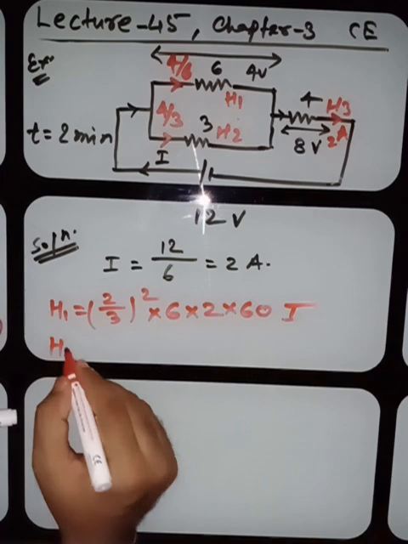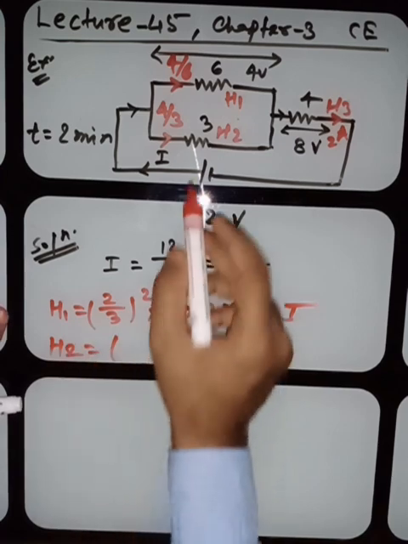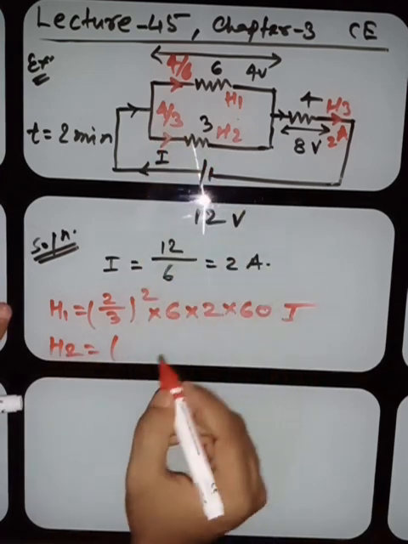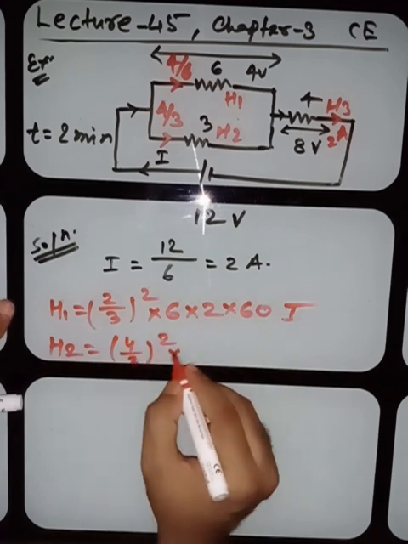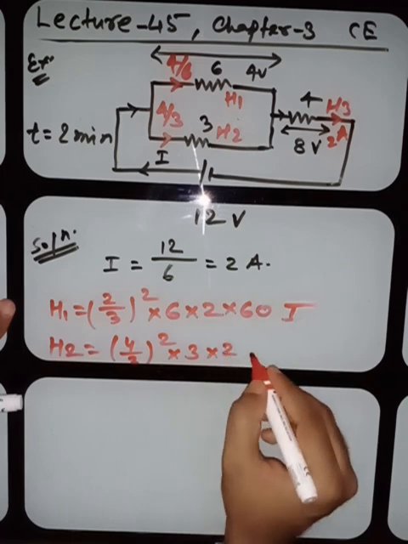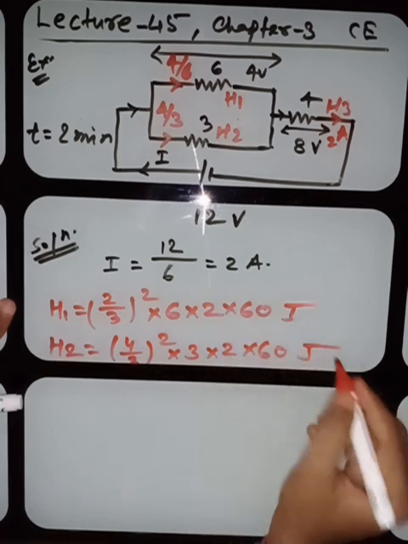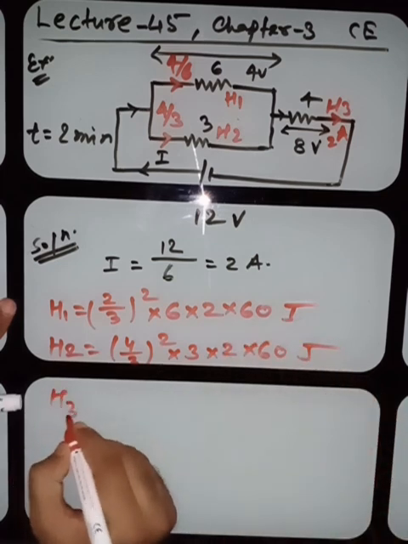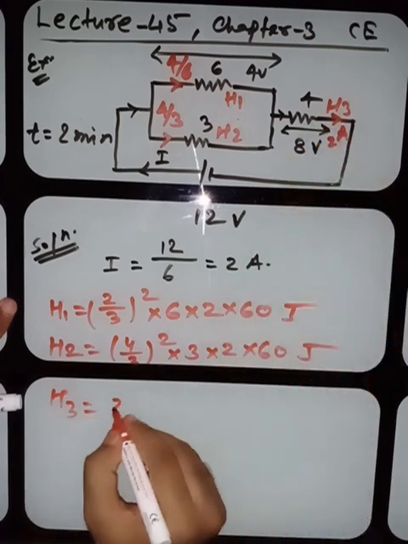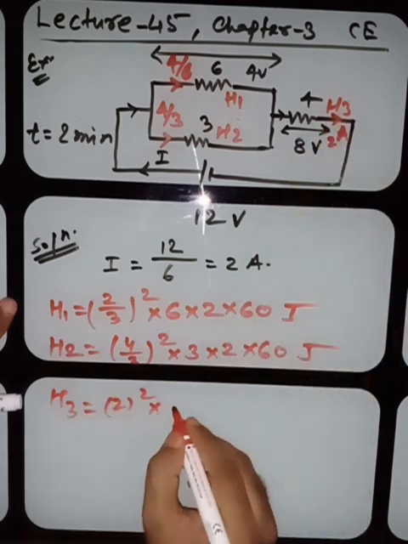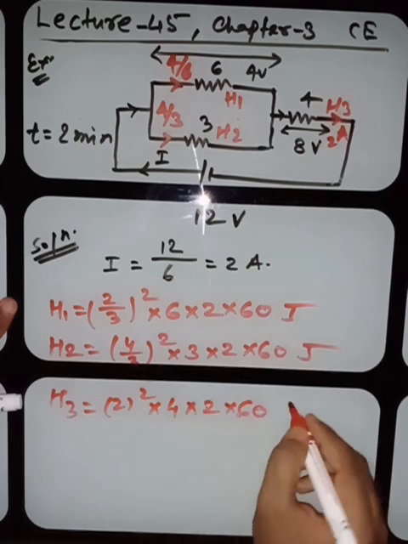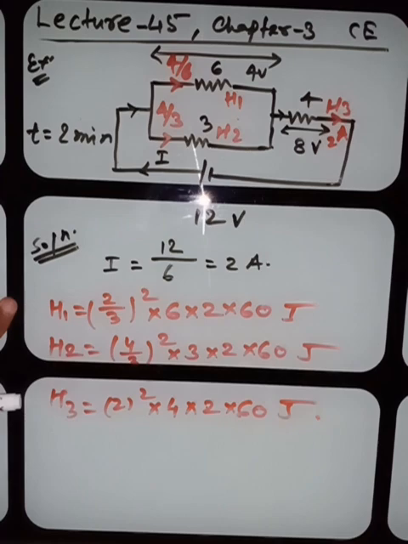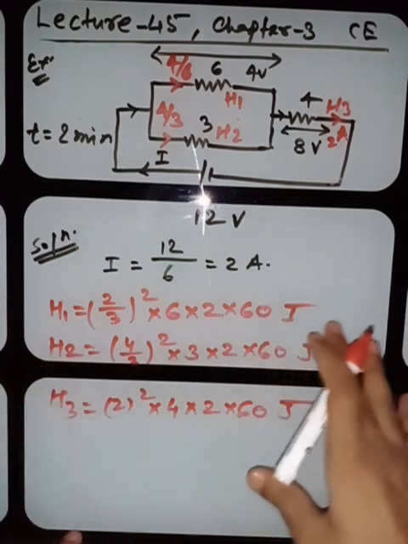H2: the current here is 4 by 3, so 4 by 3 whole square, R is 3 and T is again 2 times 60 joule. And H3: I is 2, I square, R is 4, into T, 2 times 60 joule. I hope no students are left with any doubt.